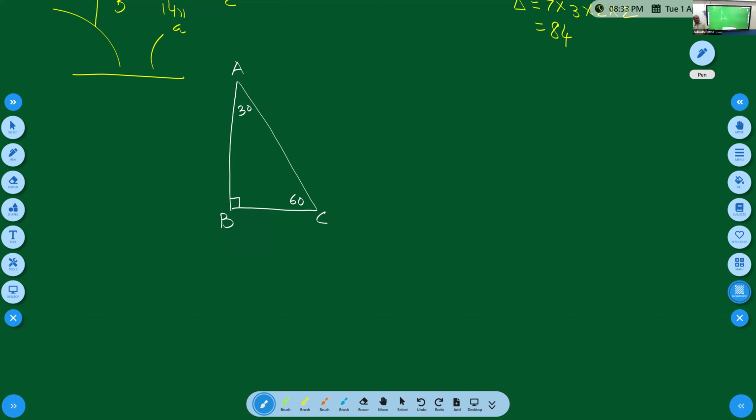This is a special right angle triangle 30, 60, 90. Why? Because angles are in arithmetic progression 30, 60, 90. And these are friendly angles 30, 60. So prove that AC is equal to twice BC. If the triangle is 30, 60, 90, then this has to be there.